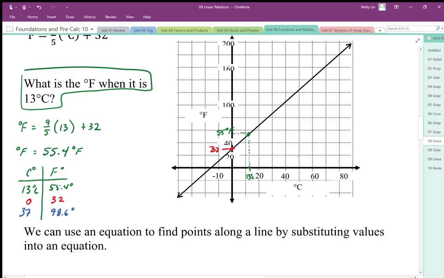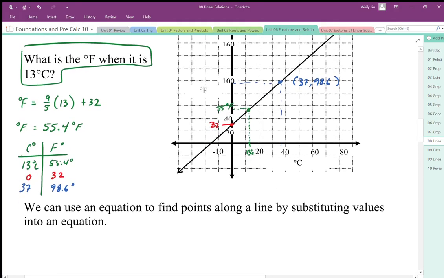Okay, so 37 degrees, somewhere around here, is going to give us that point right there. So it's going to be 37 degrees, 98.6 degrees Fahrenheit. Okay, so that's about body temperature. And again, we can see from the graph that's consistent with what we get from the equation and what we get in our table of values.